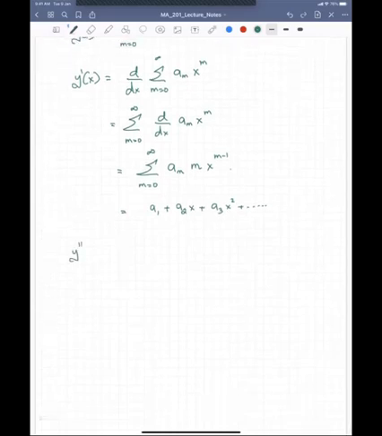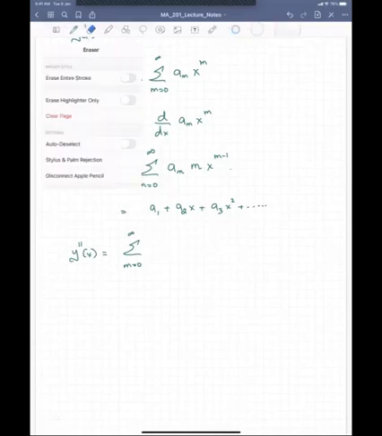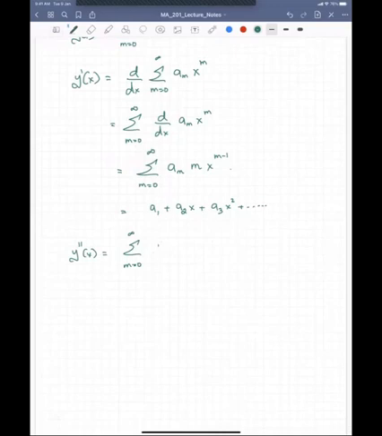Similarly, what is y double prime? Y double prime would be d/dx of y prime, which I can write again as the sum from m equals 0 to infinity of a_m m times (m minus 1) x to the m minus 2.